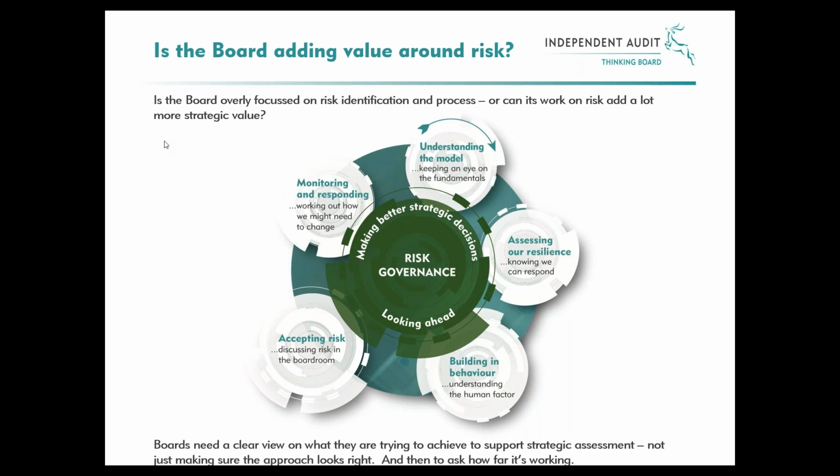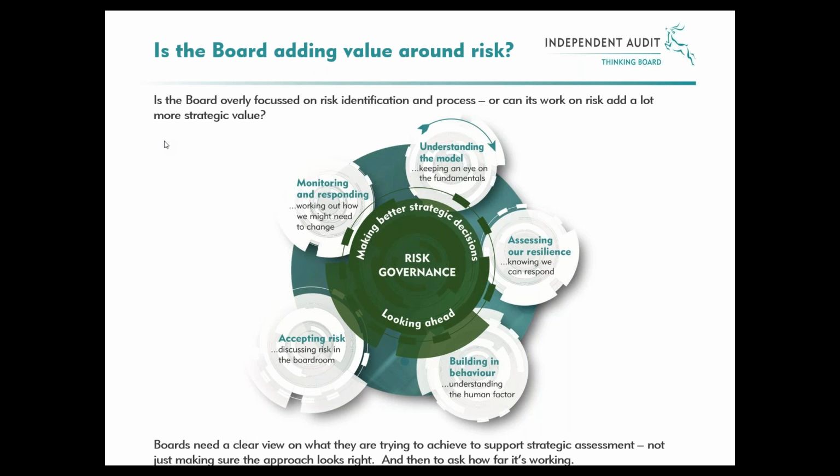Then moving around, how is the board discussing whether a risk is acceptable? Too often now we see this focus on the list of 10, 12 principal risks. We don't hear so much discussion anymore around risk appetite and how that fits into strategy, and then how that is translated into regular discussion in the boardroom.